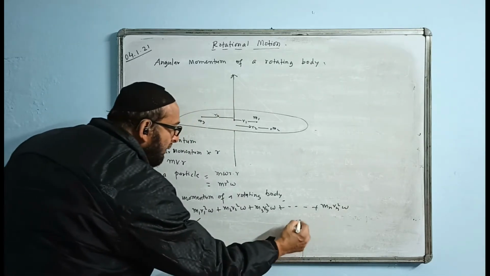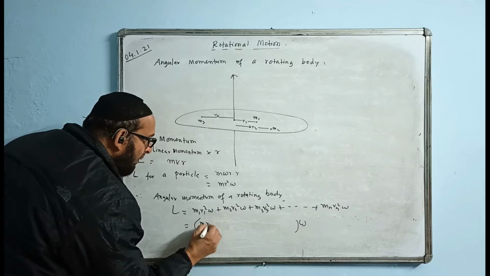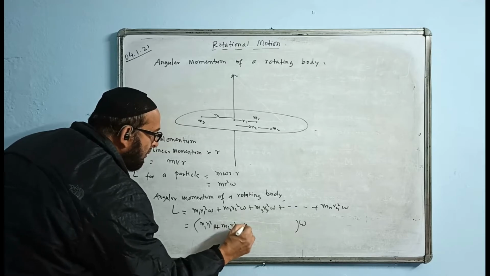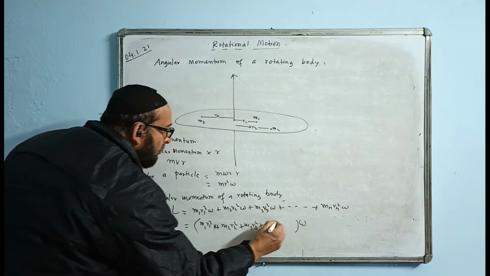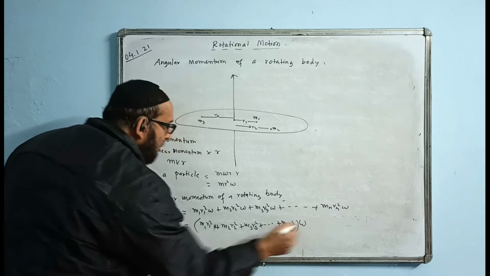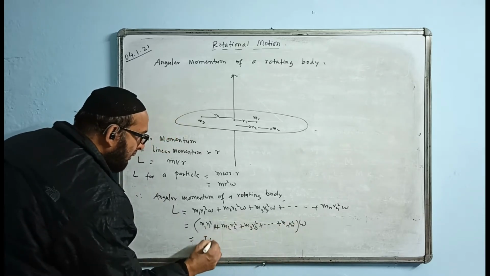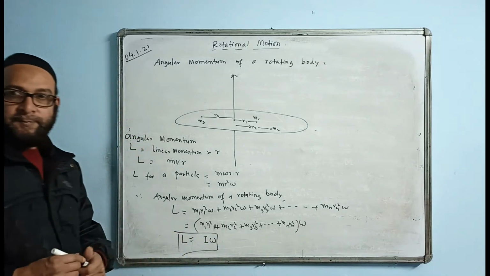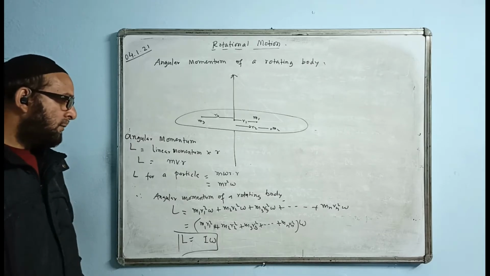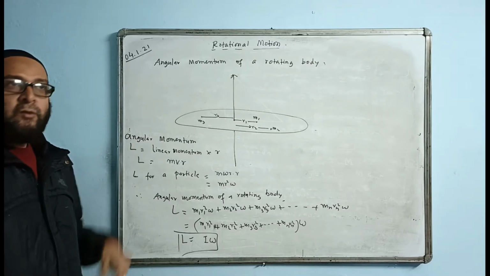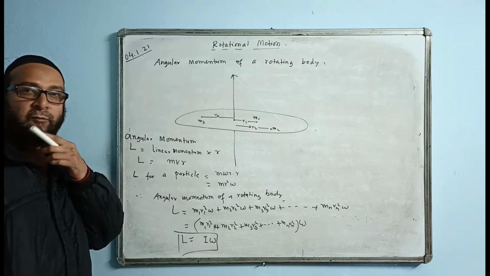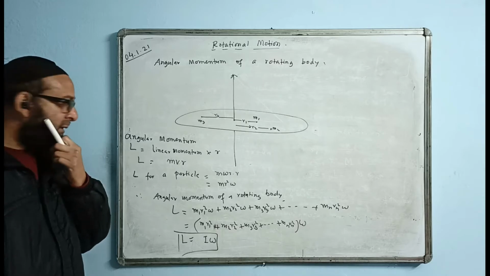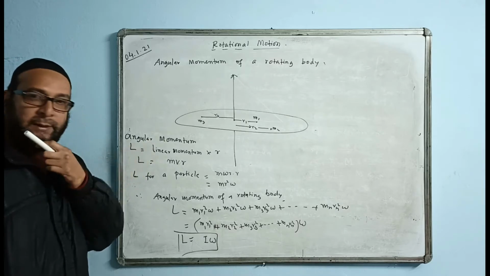Let us take omega common here: m1 r1 square plus m2 r2 square, m3 r3 square, so on, plus mn rn square. This thing is becoming I. So we have the formula: angular momentum L is I omega. So we derived three expressions. First one was for torque, second one was for kinetic energy, and the third expression was for angular momentum.